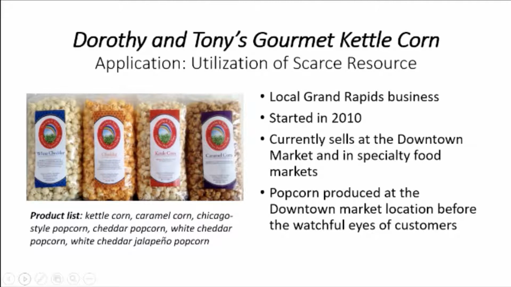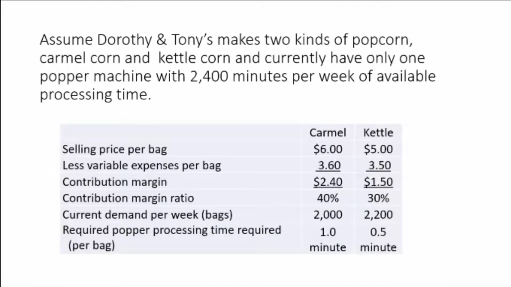They have a number of products that they sell: kettle corn, caramel corn, Chicago-style corn, cheddar cheese, white cheddar cheese, and jalapeno cheddar cheese. For this example, we're going to simplify our discussion of Dorothy and Tony's, and we're going to assume that they only make two kinds of popcorn, caramel corn and kettle corn, both of which I really like.